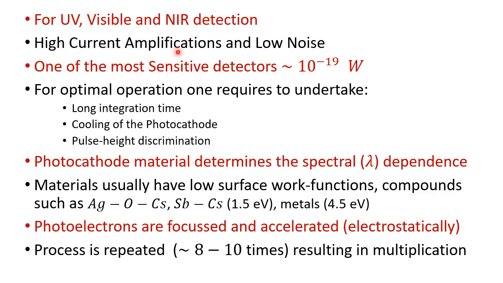And if you think about the power level at which they can detect, something as little as 10 to the minus 19 watts of optical power can be detected by the photomultiplier tubes if one operates them in an optimal manner. What I mean by optimal manner is that because I want to detect an extremely low light level signal, I need to integrate for a longer duration of time, right?